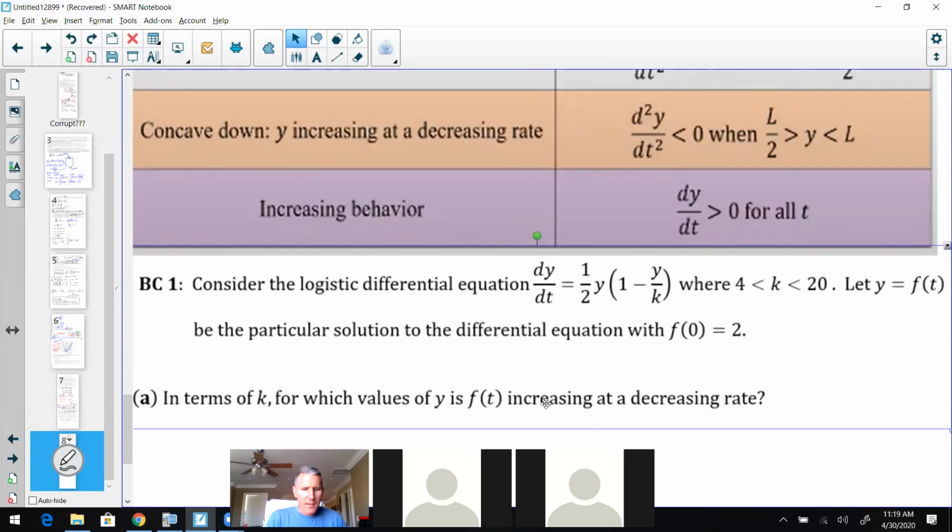So let's talk about this. It says, consider the logistic differential equation dy dt equals 1/2 y times quantity 1 minus y over k.